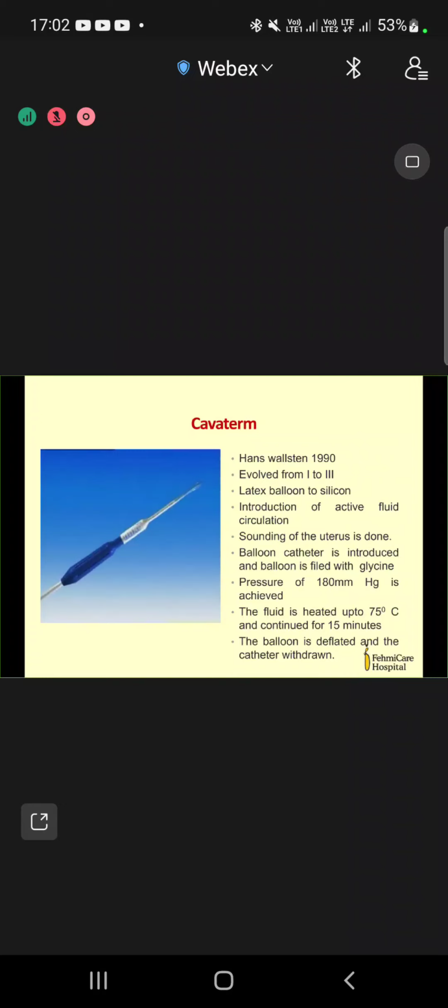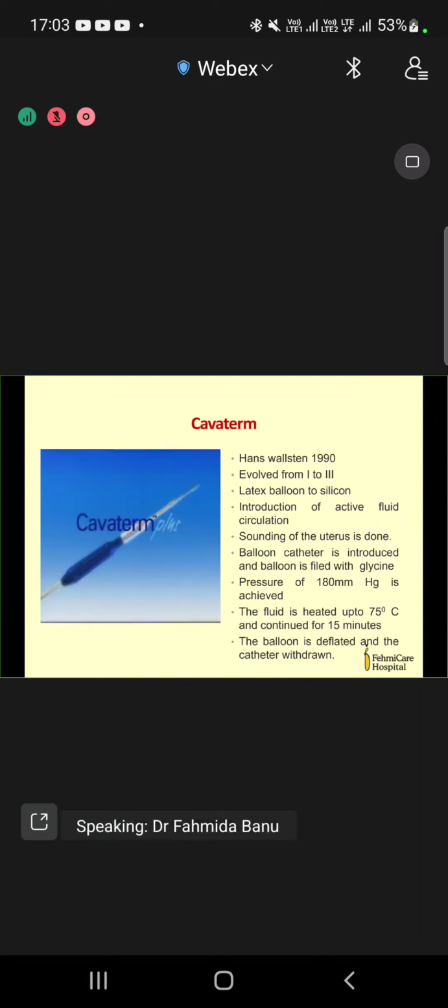The pressure utilized here is also 180 millimeters of mercury. The fluid is heated up to 75 degrees centigrade and the time taken is double of what we have used in Thermachoice. It is 15 minutes. In the end, the balloon is withdrawn and the catheter is taken out. This is called Cavatum.